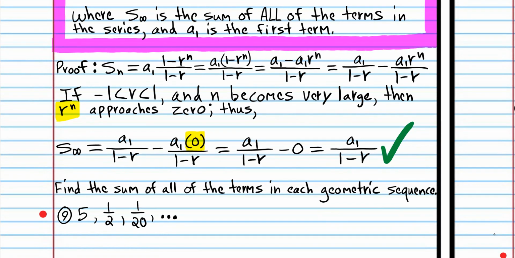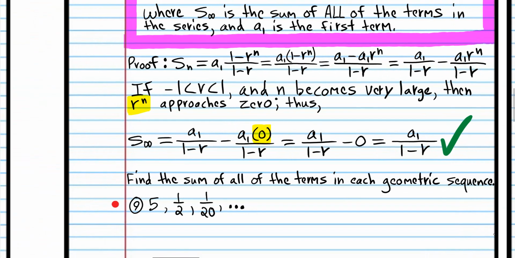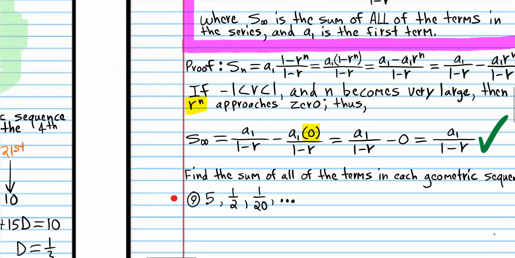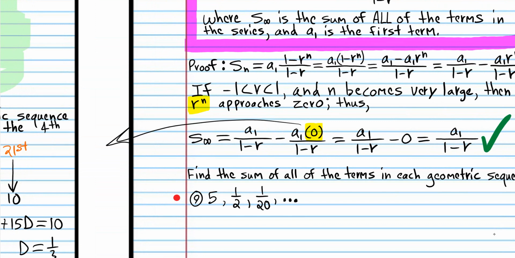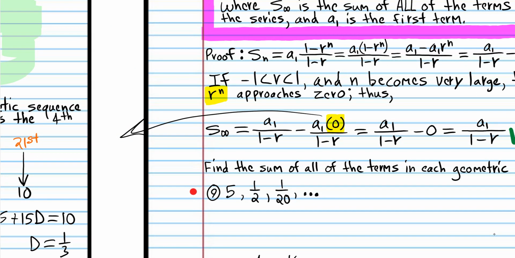And so we take this expression here, rewrite it, but because n is a huge number, we just say that r to the n is 0. And again, remember, r is a fraction. This only works if r is a fraction. So if we have 1/2 times 1/2 times 1/2, the expression just gets smaller and smaller.